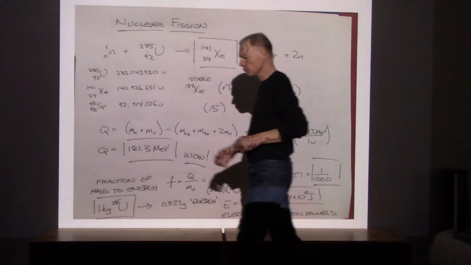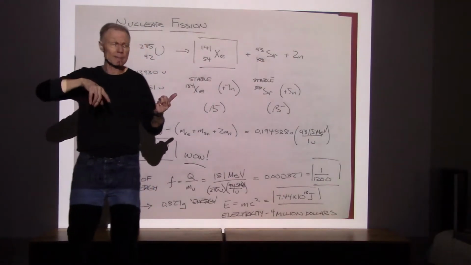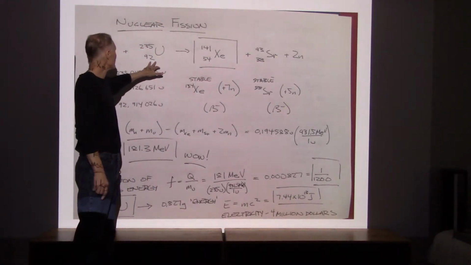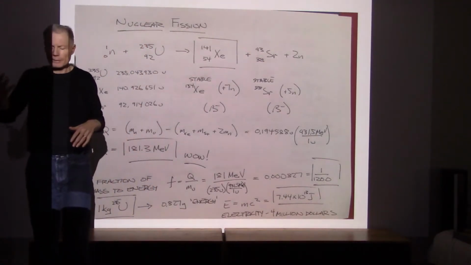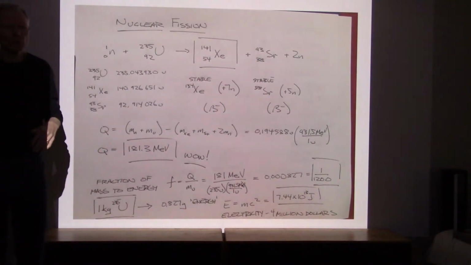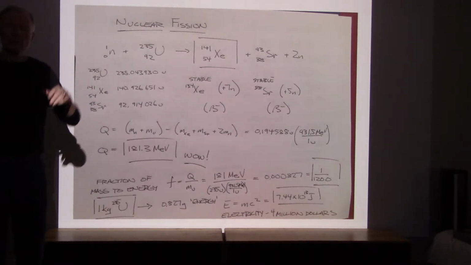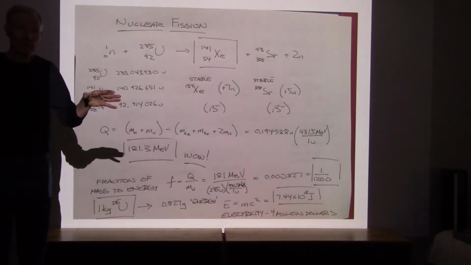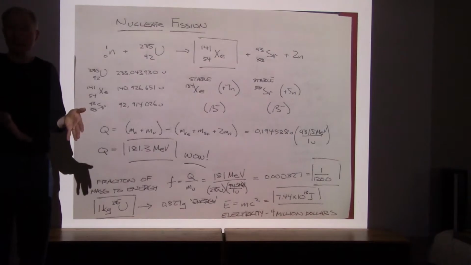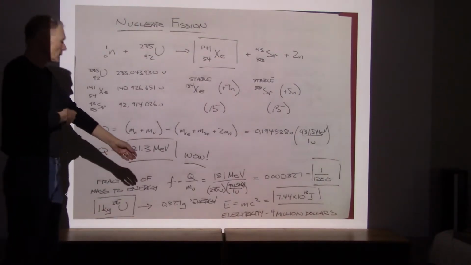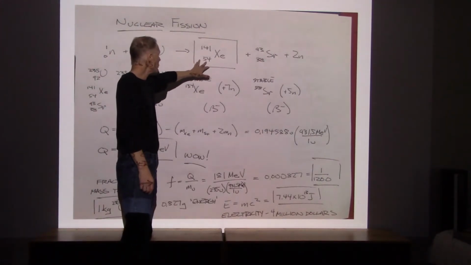If I take something from far into the periodic table, like uranium-235, it has a lot of extra neutrons to stabilize the nucleus. If I now split it into pieces that are more in the middle of the periodic table, there are just going to be way too many neutrons.